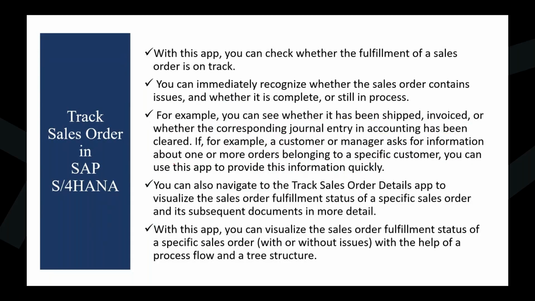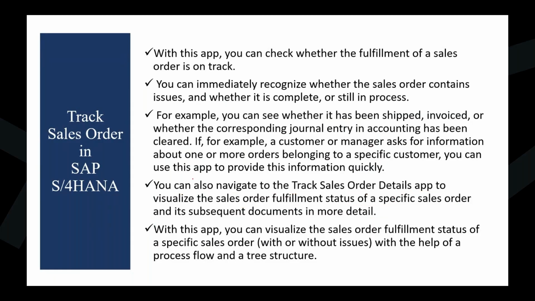Suppose the sales manager says, give me the information for a particular customer, sold-to party, about his sales orders. Then you can use this app. Immediately you will get the information for the sales orders of that particular customer. You can also navigate to the Track Sales Order Details app to visualize the sales order fulfillment status of a specific sales order and its subsequent documents in more detail.